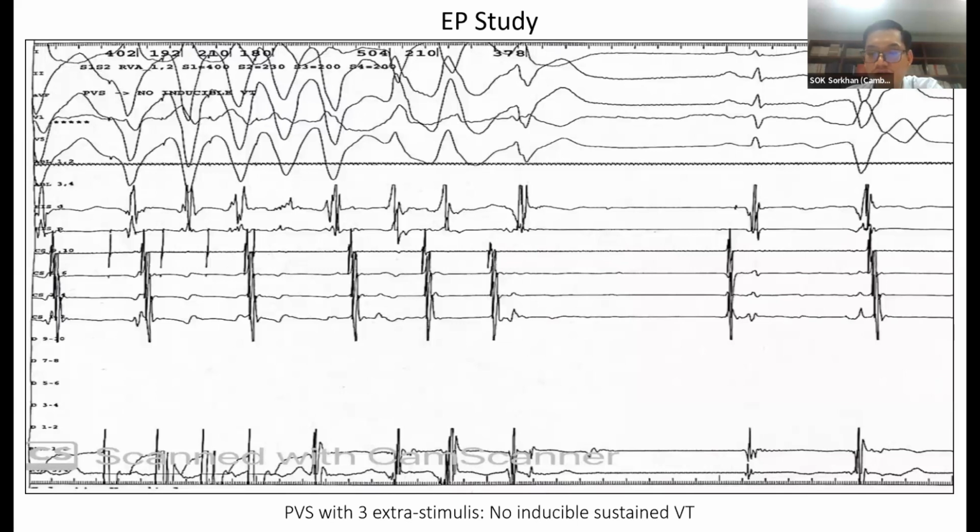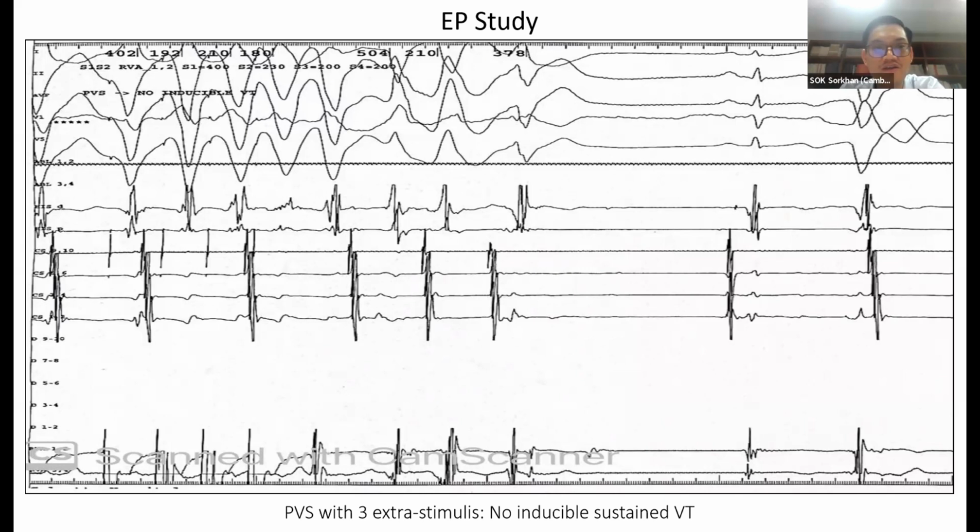At that time, to do the risk stratification, we did programmed ventricular stimulation with 1 extra stimulus, then 2, and then 3, at apical RV, and then RVOT, to induce sustained VT. But we could not induce any sustained VT or VF.